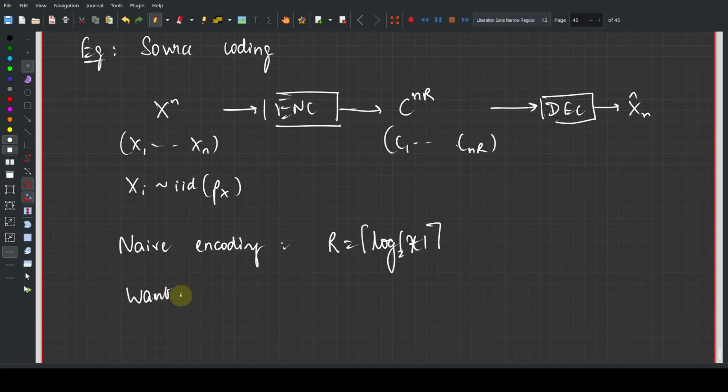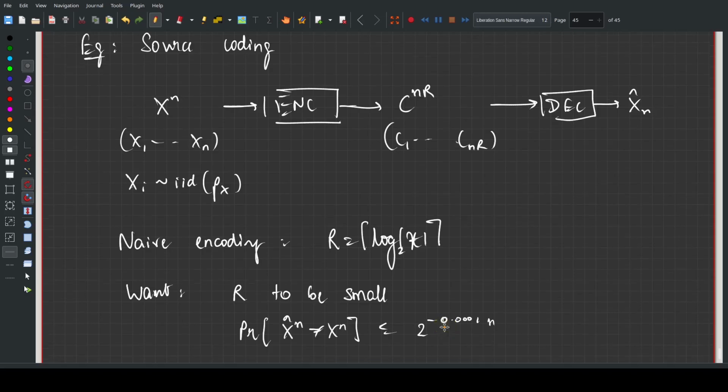So basically we want R to be as small as possible, and I will tolerate a small probability of error, let's say less than or equal to 2 to the minus 0.0001 times n. So I want this probability of error to be exponentially decaying in n, but it could be a small exponent. I'm not worried about how large the exponent should be.